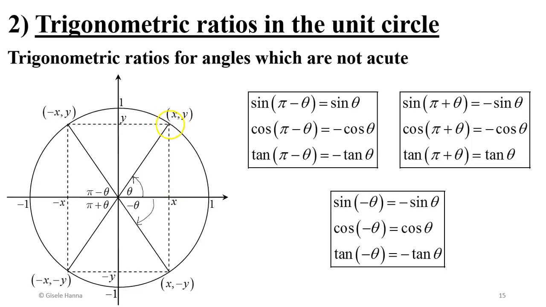So if this is a point of coordinates x, y, that is a point with the same x but an opposite y. Similarly, by symmetry, if we consider this symmetry of this point with respect to the y-axis, if this is a point of coordinates x, y, that would be the point of coordinates negative x, y. And these angles would in fact be equal.